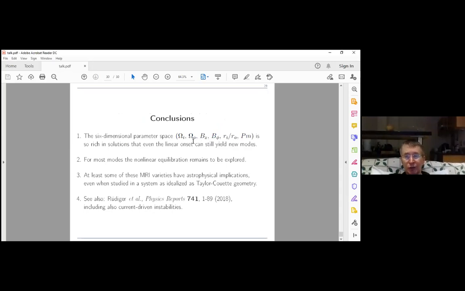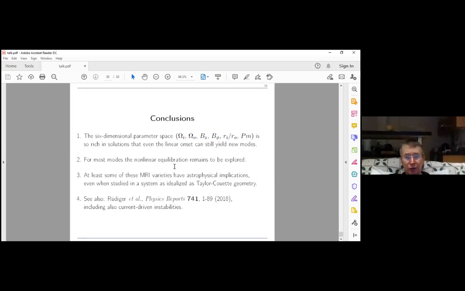You have the 2 rotation rates of your cylinders, you have 2 possible choices of fields that you can impose, you can adjust the basic geometry of your cylinders, and you can adjust the magnetic Prandtl number of your fluid. So in that 6-dimensional parameter space, that is so incredibly vast that even just the linear onset is not necessarily fully explored yet. There could still be completely unknown instabilities out there somewhere.